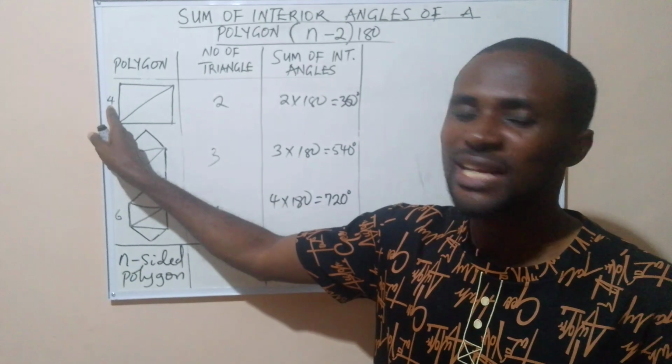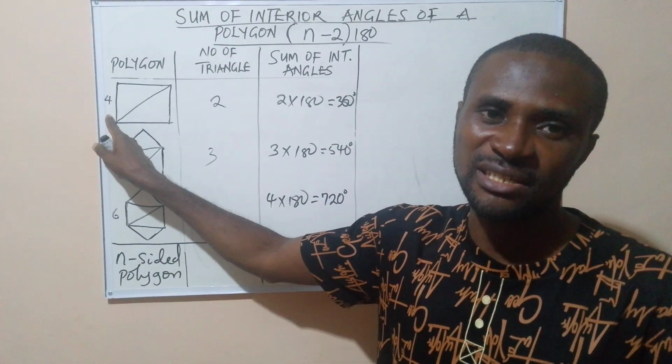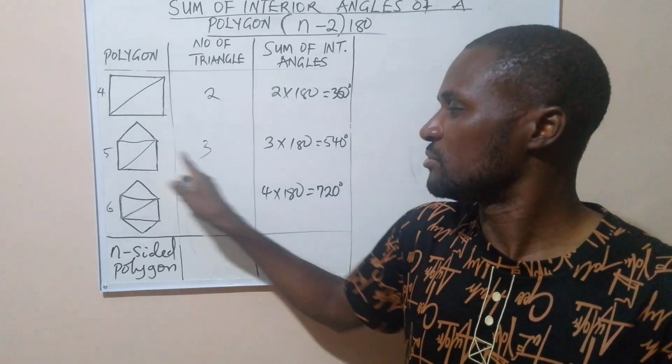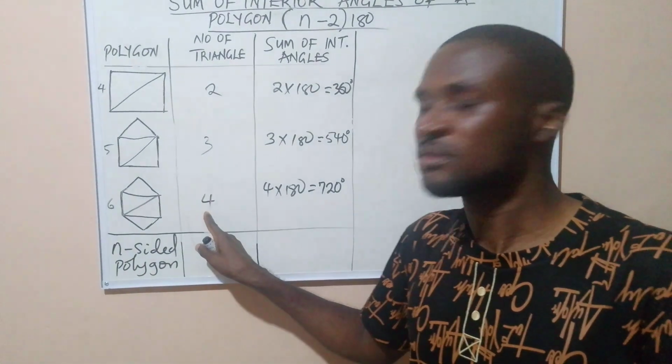So looking at this, you find out that something is happening. There is a kind of a decrement of 2 from whatever the number of sides. So 4 minus 2 gives 2, 5 minus 2 gives 3, 6 minus 2 gave us 4.